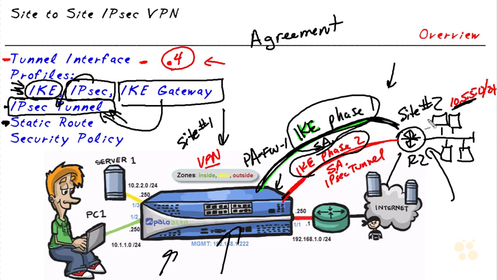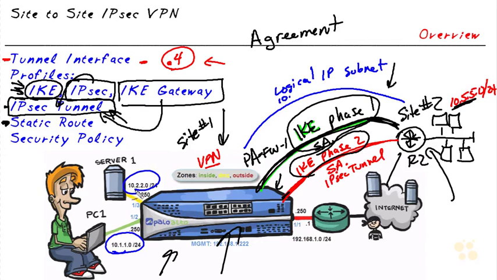Another key aspect of getting this to work correctly is we are going to overlay on this IPsec connection a logical IP subnet. So not only would this VPN tunnel be used to send encrypted traffic back and forth, but we also have logical IP addressing. So we could, for example, use, we have 10.1.1 here, 10.2.2 here.